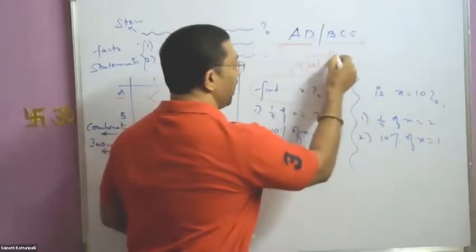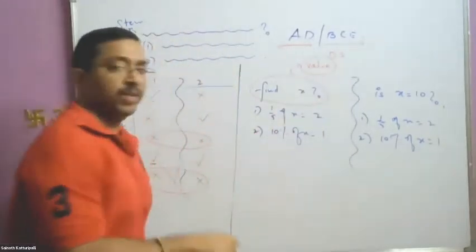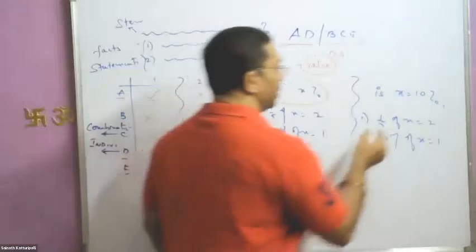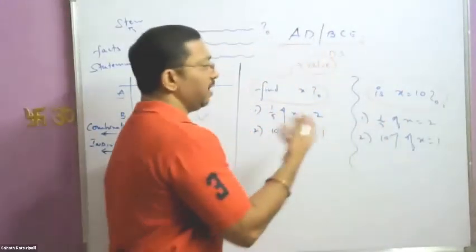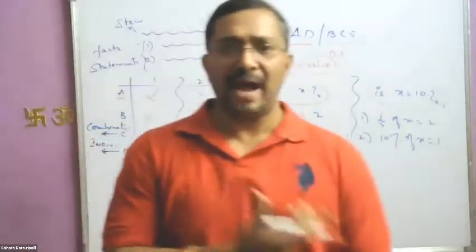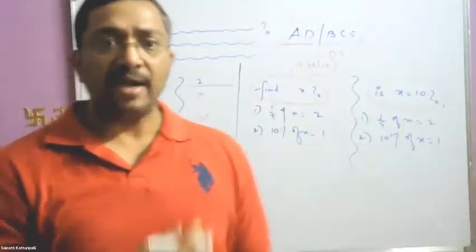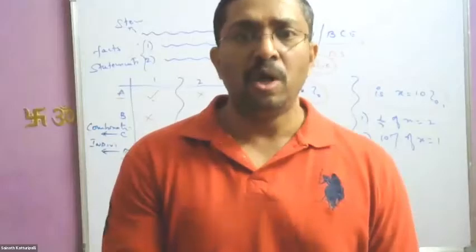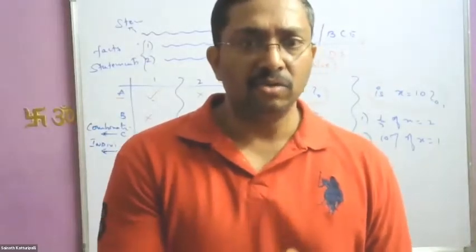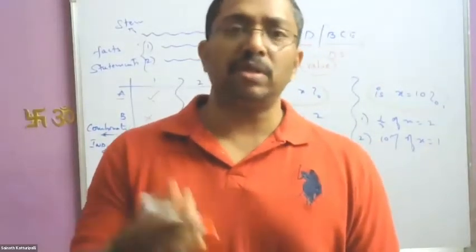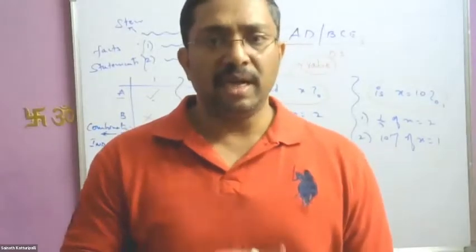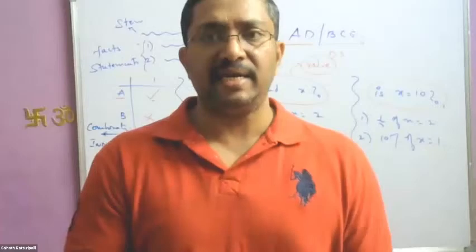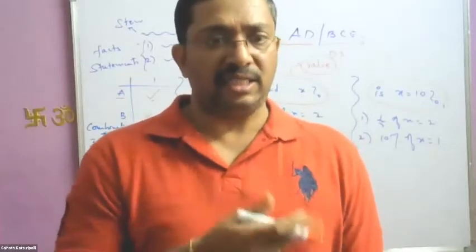So this is called a value-based data sufficiency. The second one is not giving you a value. People take it wrongly, thinking X is given as 10. Where is X given as 10? In fact, he's questioning you whether X is 10. Most people make a mistake here, assuming that X is given as 10. It's not given; he's questioning you whether X is 10.